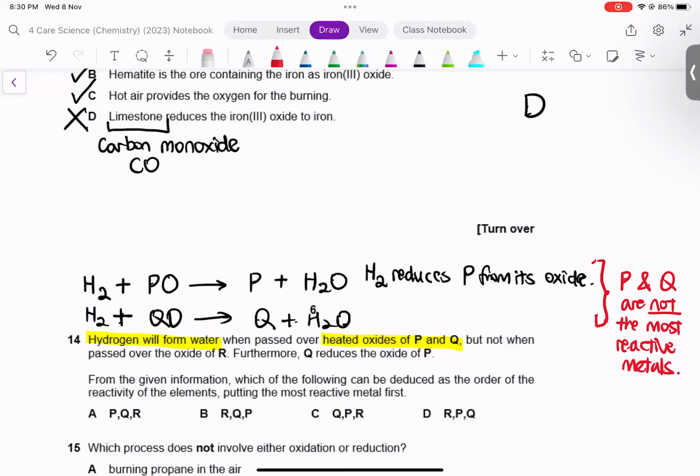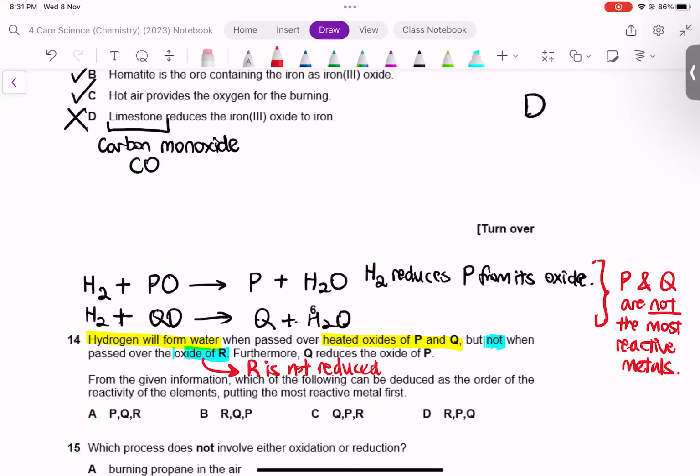Only metals that are not so reactive, like copper, silver, lead, can be reduced by hydrogen. All right. On the other hand, no reaction with the oxide of R. Not reduced.